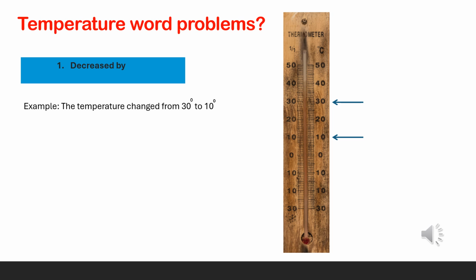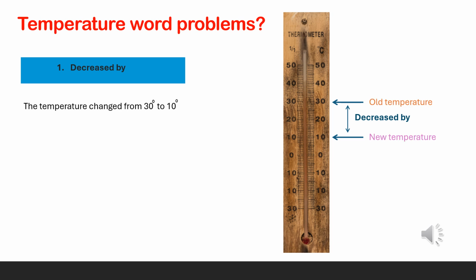The temperature changed from 30 degrees to 10 degrees Celsius. So if I point the temperature on the thermometer, initially it was 30 degrees and then it dropped to 10 degrees, which means my temperature has decreased. The amount that my temperature decreased by is the difference between 30 and 10 degrees.